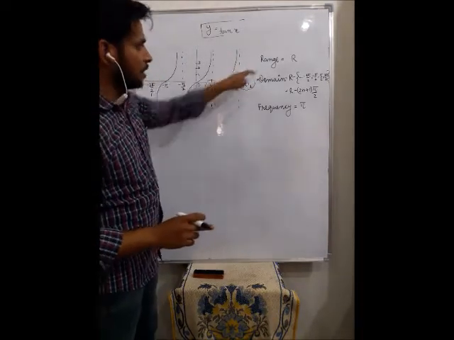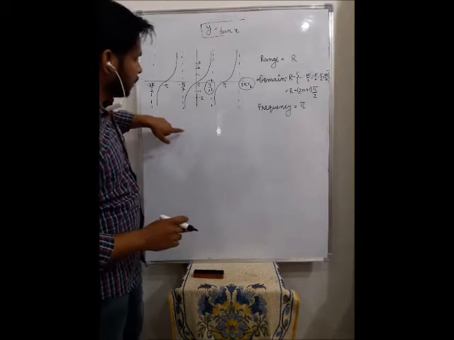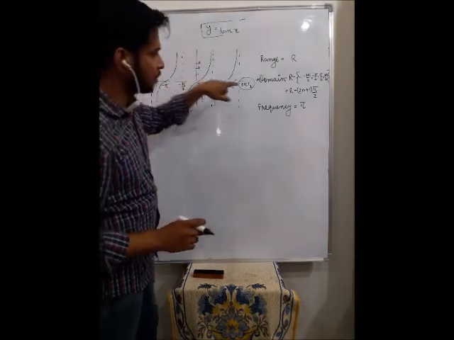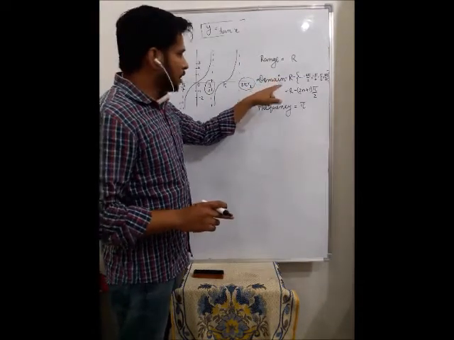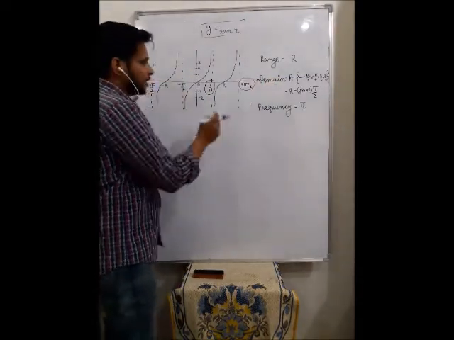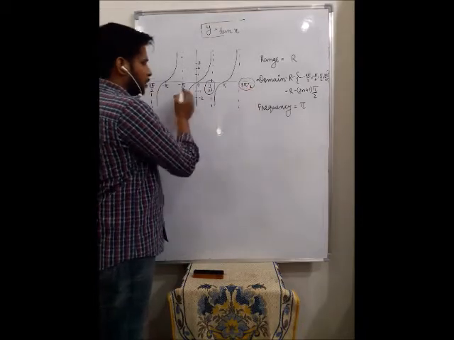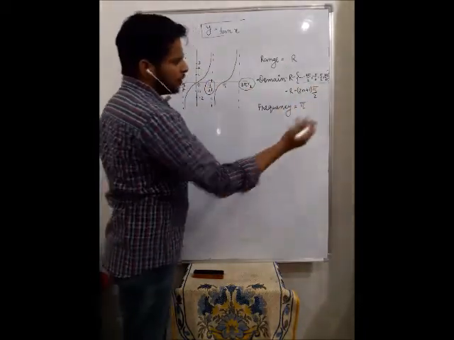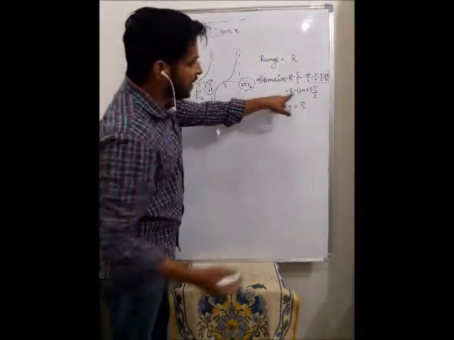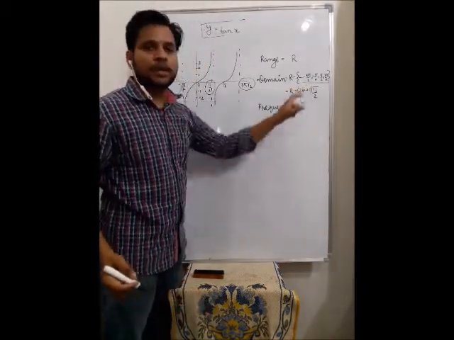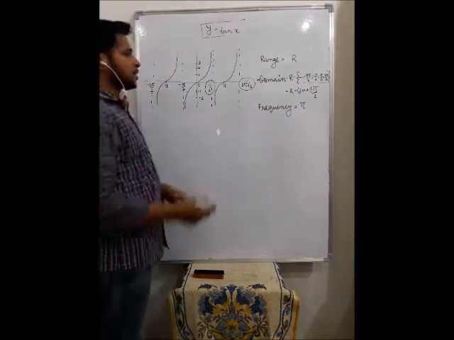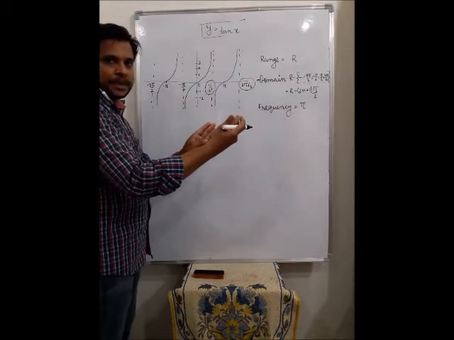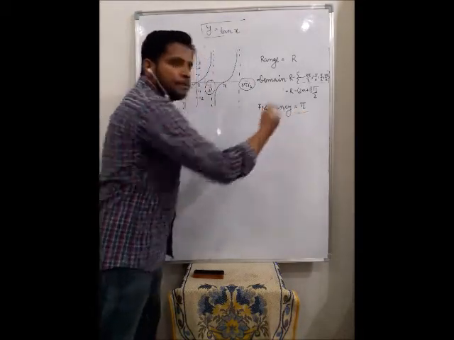So its range is R, any value you can take, but its domain is also R except the values like pi by 2, 3 pi by 2, minus pi by 2, minus 3 pi by 2. So we exclude these values. We can write its domain as R minus (2n plus 1) pi by 2, and every pi interval it appears again. So its frequency is pi.